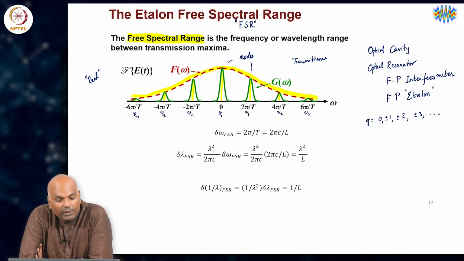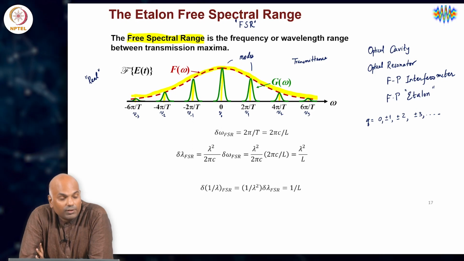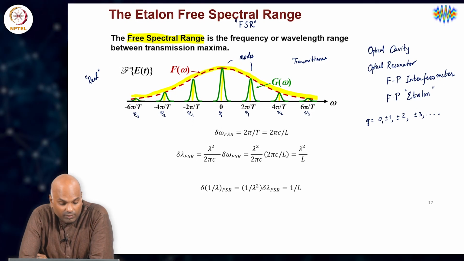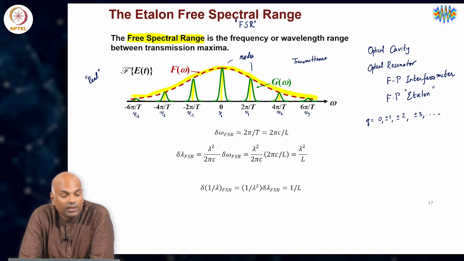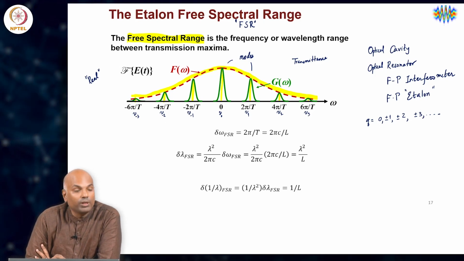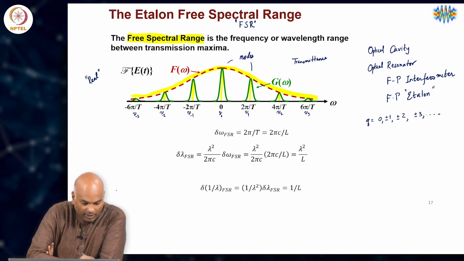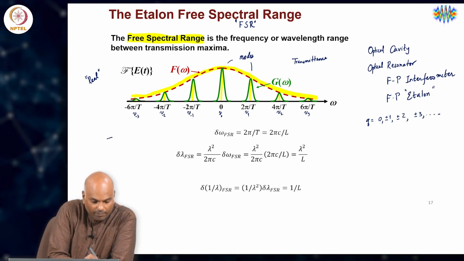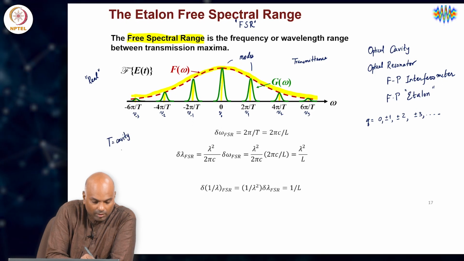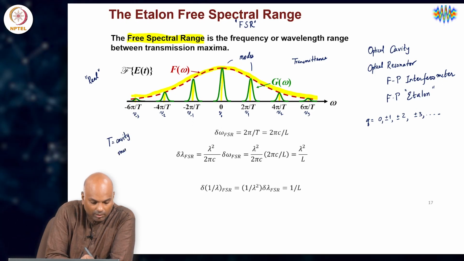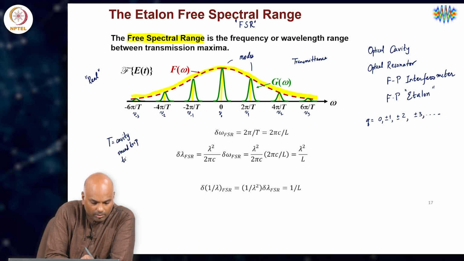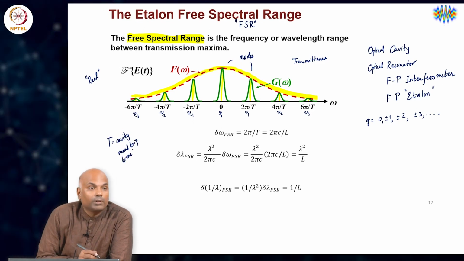So, the free spectral range is essentially the spacing between two maxima either in terms of frequency or wavelength. In terms of frequency, this is easy to read off. I have written these frequencies now in units of the cavity round trip time t. So, t is the cavity round trip time.